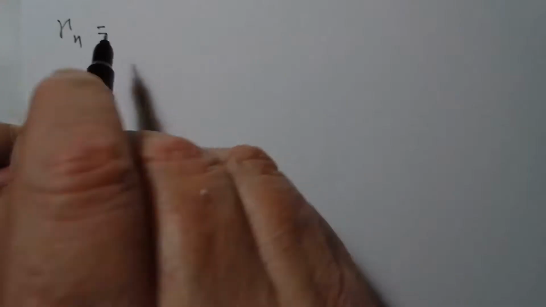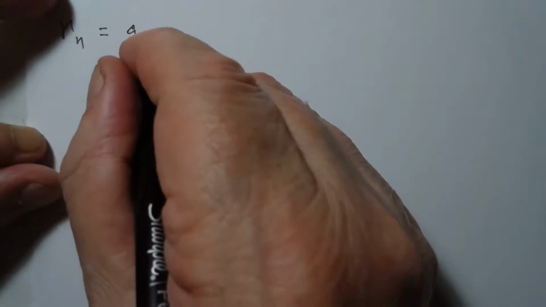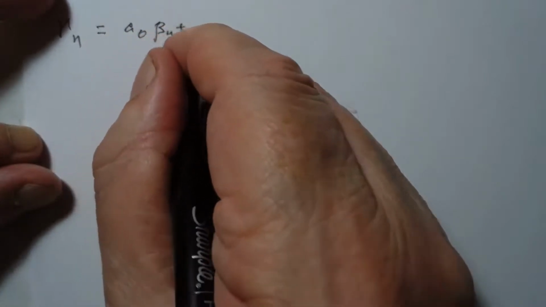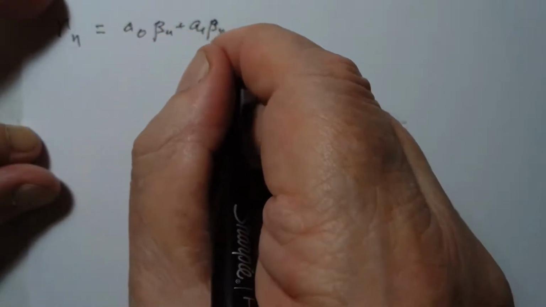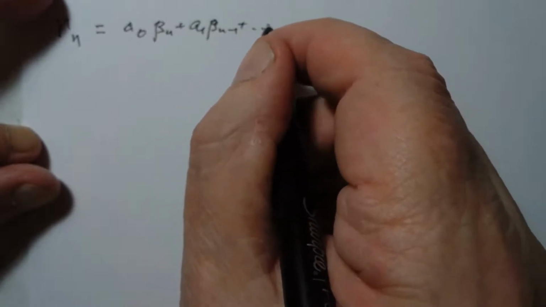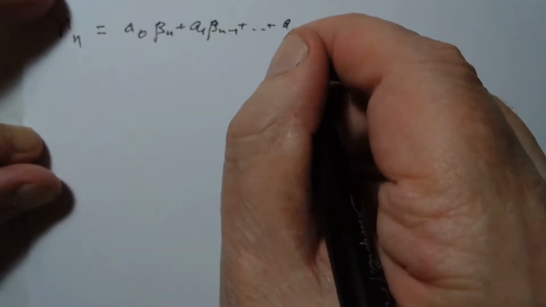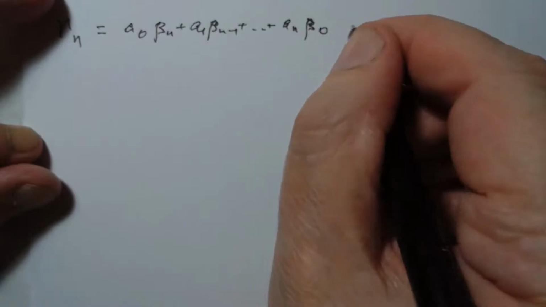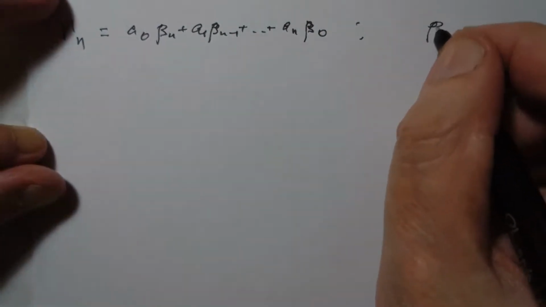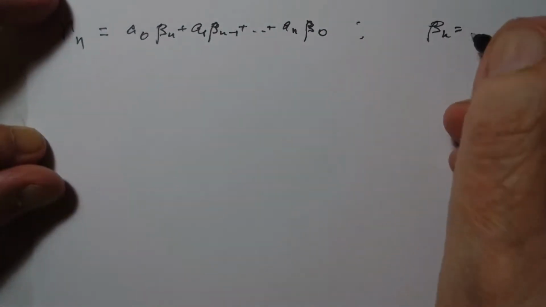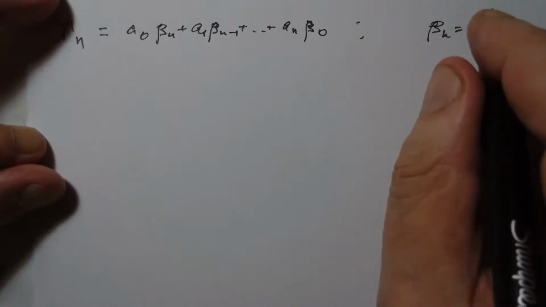I have this gamma_n, which is equal to A_0 beta_n plus A_1 beta_{n-1} plus etc. plus A_n beta_0, where beta_k is equal to, what were they equal to?